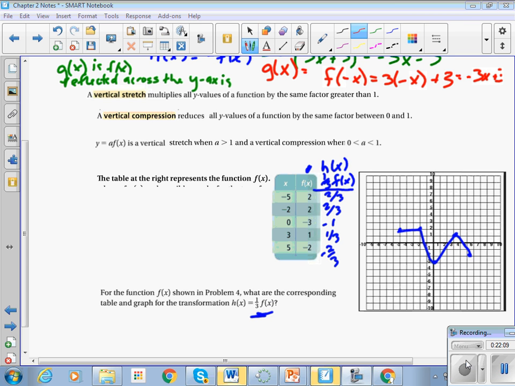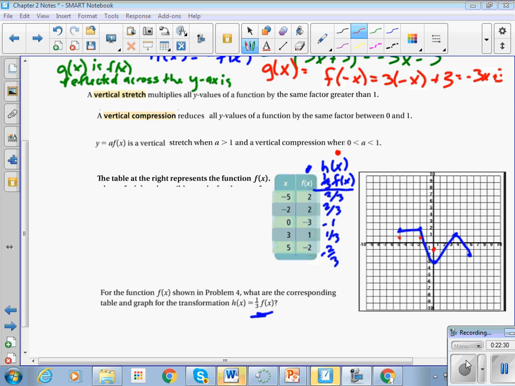So we're going to go ahead and graph h of x, and it's going to be in red. So at -5, we're going to be at 2/3. At -2, we're going to be at 2/3. At 0, we're going to be at -1.